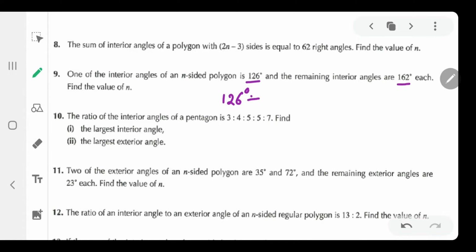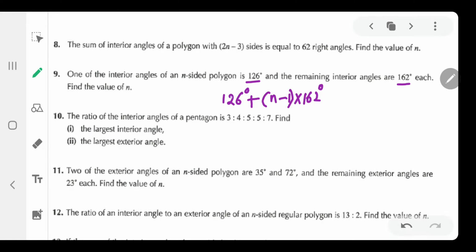So how many angles are left? If we have n angles, and we have written the value of one angle, which is 126, we'll have n minus 1 angles. So we multiply it by 162 degrees.